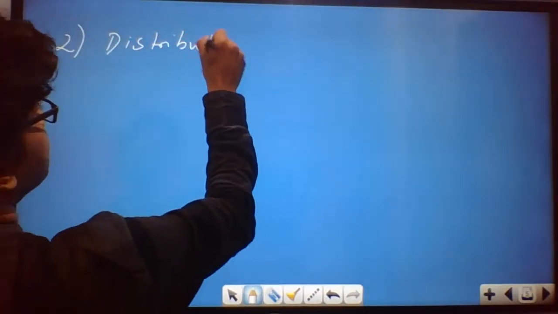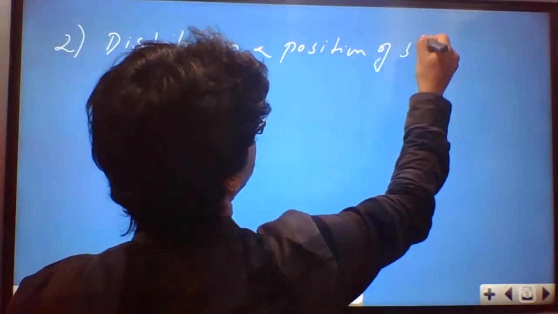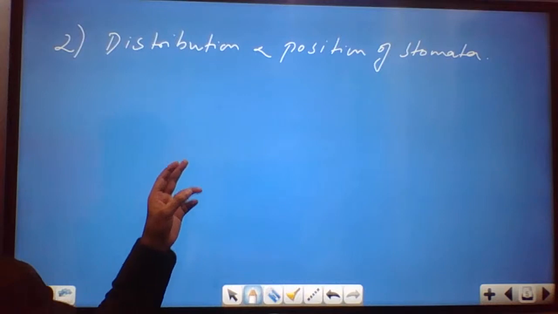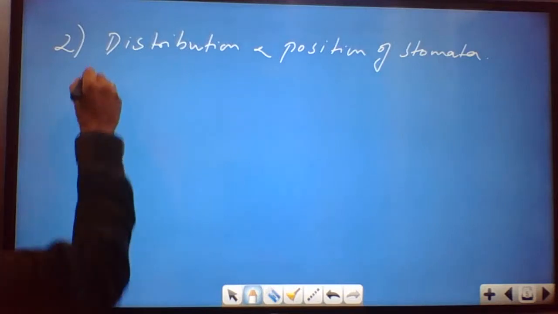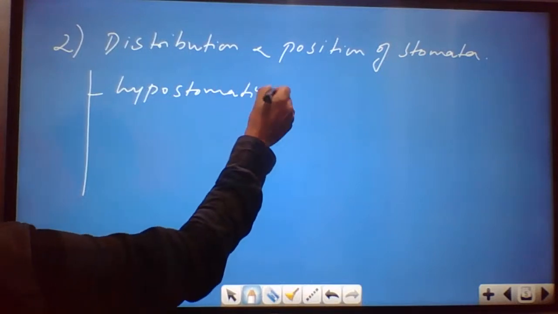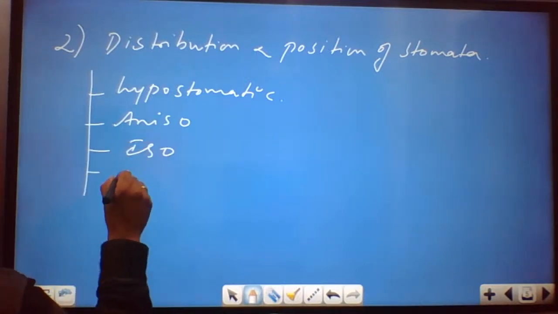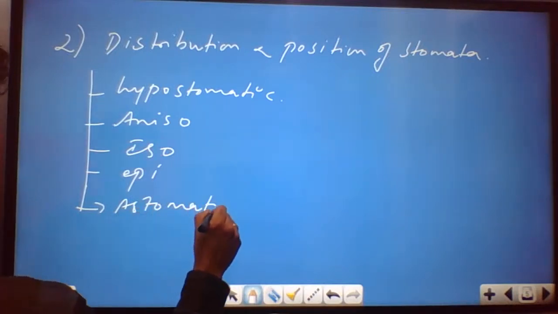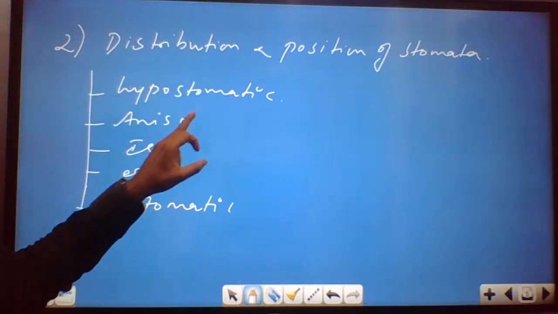Coming to this distribution, we have hypostomatic, anisostomatic, isostomatic, epistomatic, and we have astomatic. So this is the second type of classification, based on distribution and position of the stomata.